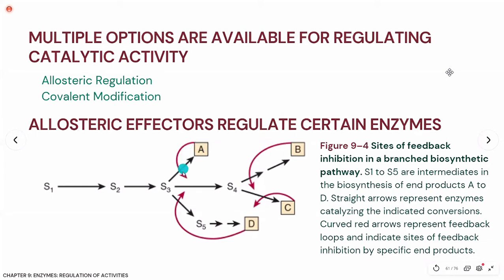Kasi masipag ito eh. And in order that there will be no accumulation of product A itself, once it is in high concentration, it will inhibit the function of this enzyme here. That's the arrow going that way. Okay?